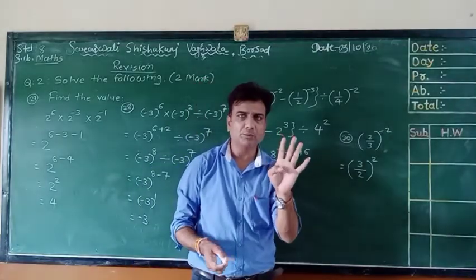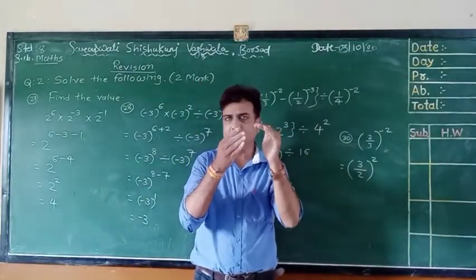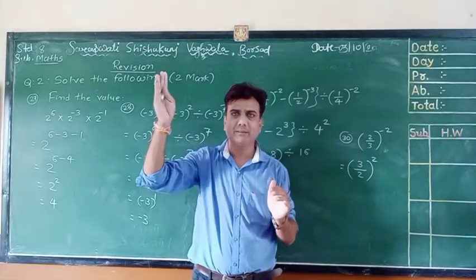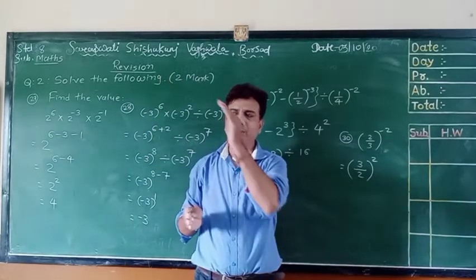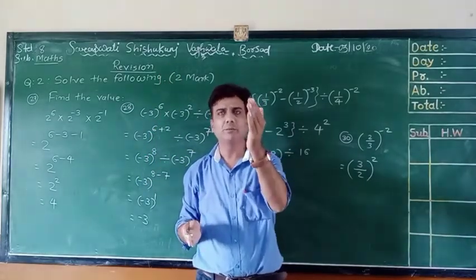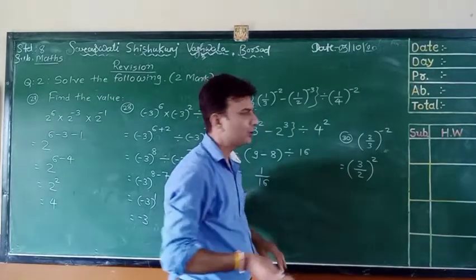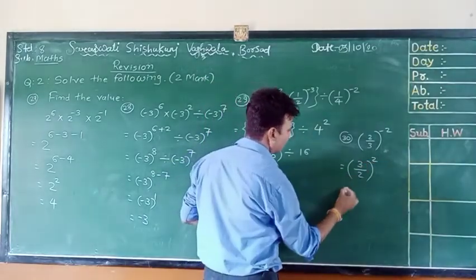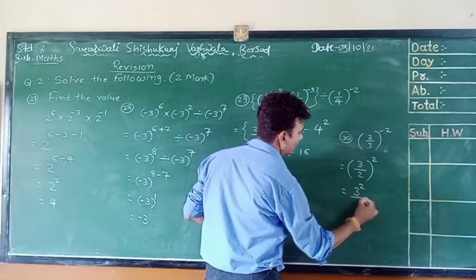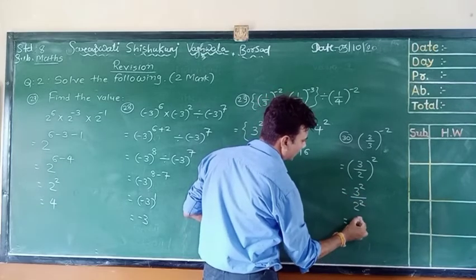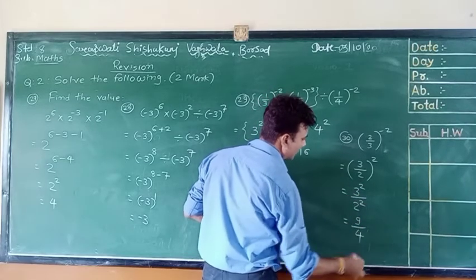Now fourth rule: numerator, denominator and whole square given, power given. That time we have to distribute that power in the numerator and denominator both sides. So give this power to the upper side, 3 square and 2 square. 3 square we know is 9 and 2 square is 4.